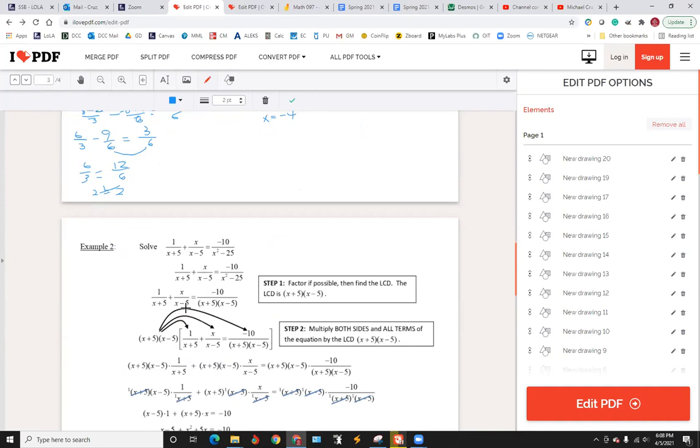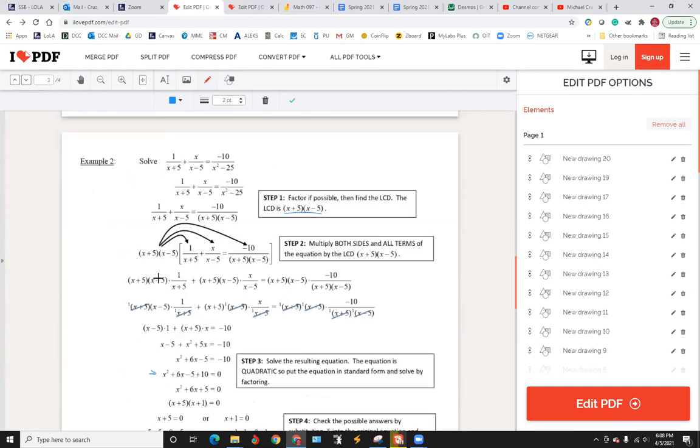And so you can see that the LCD is just those two things, x plus 5 times x minus 5. Multiply all three terms. See, the x plus 5s go away, and you're left with x minus 5 times 1 on this one. The x minus 5s are gone, and you're left with x plus 5 times x.